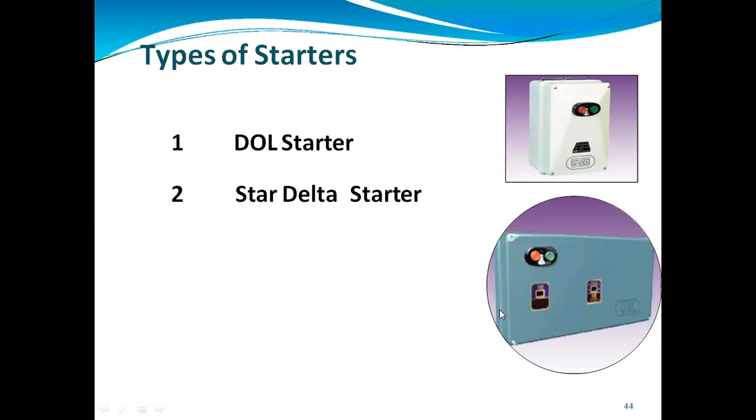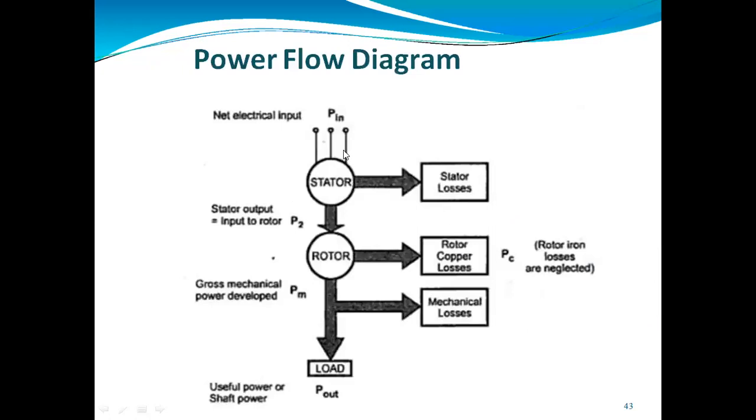Then we have seen that when we give input power to the induction motor, some power goes to the stator, and out of that, some goes as input power to the rotor and some goes as stator loss.